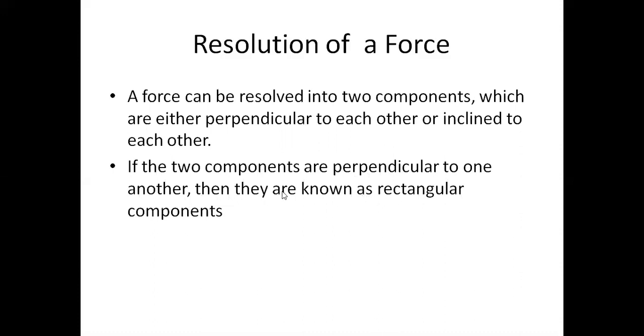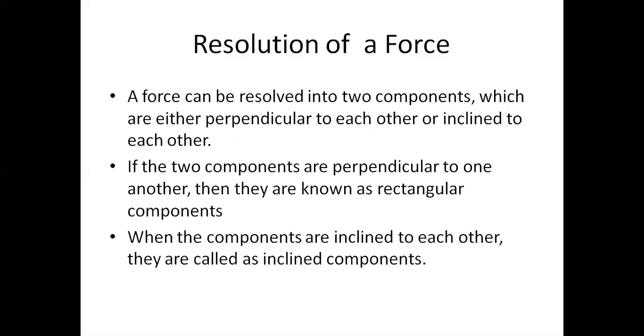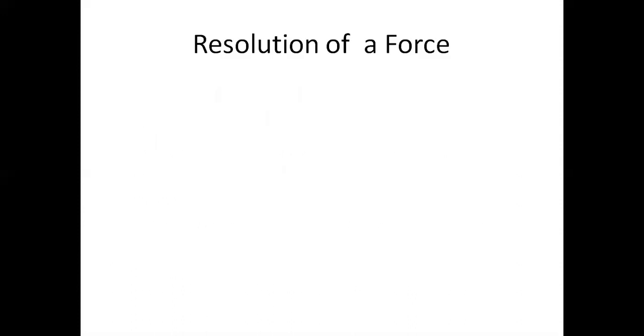If these two components are inclined to each other, then we call them inclined components. So there are inclined components and rectangular components. Mostly we will be using rectangular components, especially vertical and horizontal components, like that we will resolve.